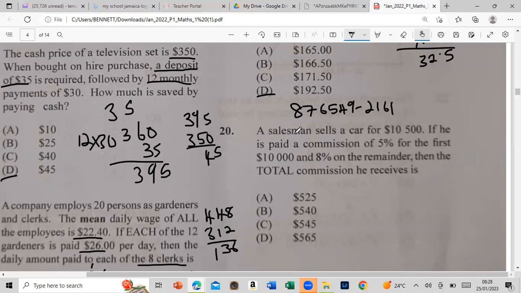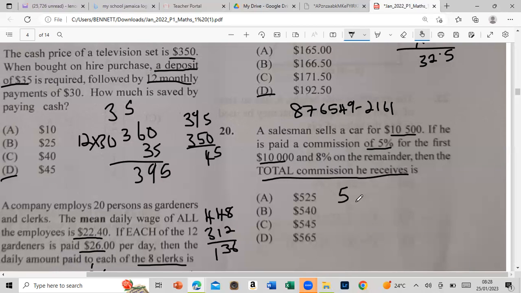Alright. A salesman sells a car for 10,500. If he's paid a commission of 5% for the first 10,000 and 8% on the remainder, then the total commission received is, alright. So let us break it down. He's paid a commission of 5% on the first 10,000.